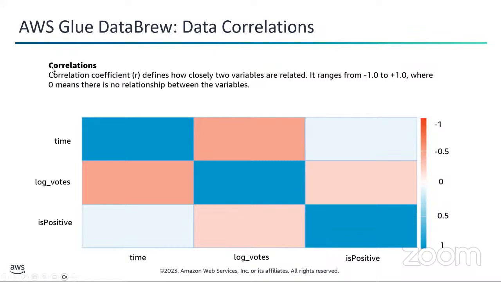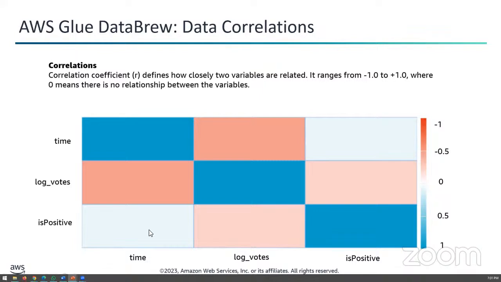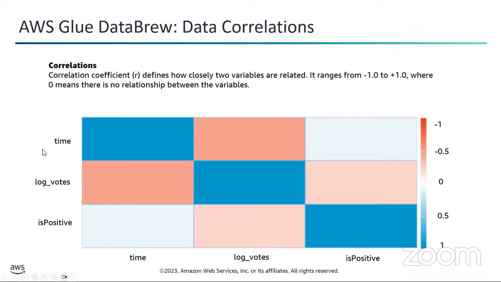So there's a concept called correlation, and it has a correlation coefficient which we define as lowercase r, which defines how closely two variables are related. For example, this is time and this is another column called log underscore votes or is positive. So how this variable time is correlated with this, meaning that if it goes up, this also goes up. It goes down, this also goes down, or opposite. It goes up, it goes down.